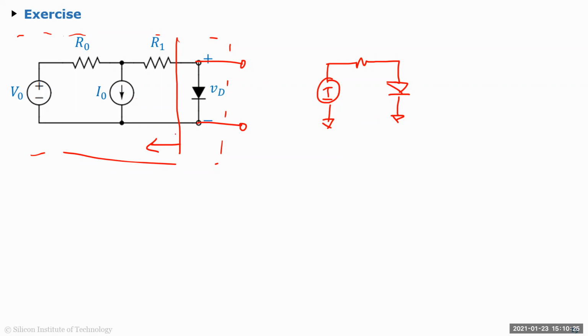So what you do is you take the left of it, and because you know the diode drop is approximately 0.5, and let's say this was VTH, this was RTH, you know the current flowing through the diode is equal to (VTH minus 0.5) divided by RTH, right?